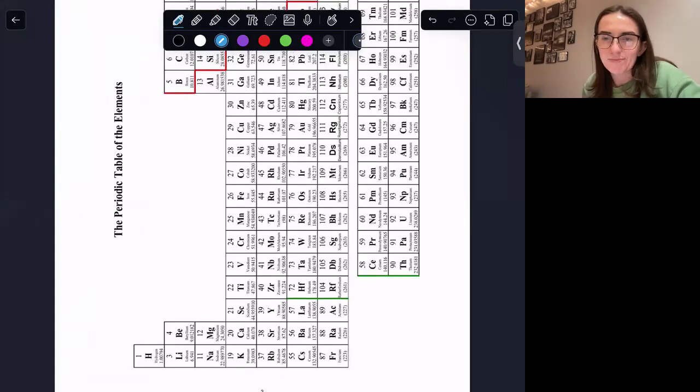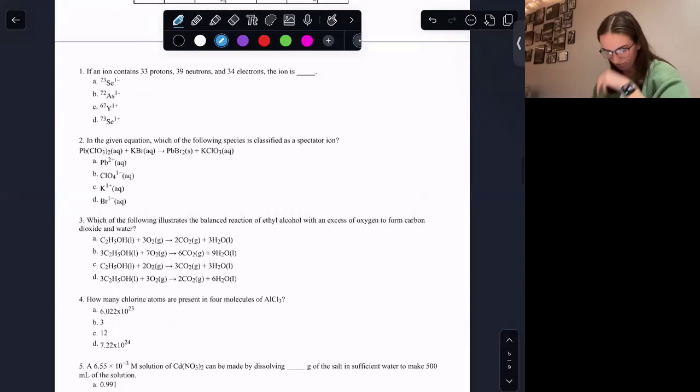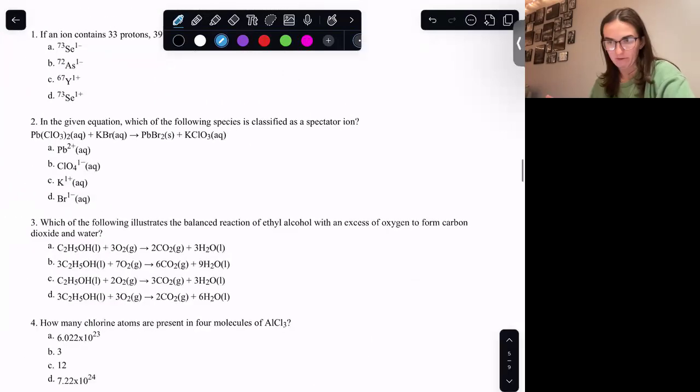Under non-ideal conditions, the equation looks super wonky and super gross, so they probably won't ask you about it. I'm hoping not. That would be kind of mean if they did. I don't think there was one on the practice exam if I remember correctly, so I wouldn't worry too much about it.